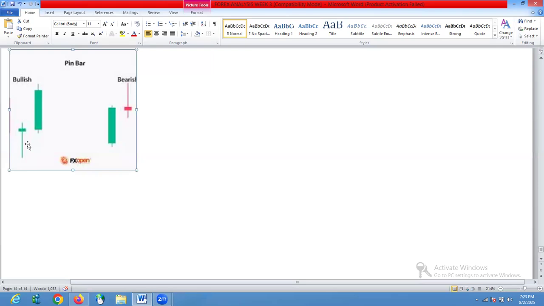If it's impulsive, they will continue to the downside. If it's corrective, they will correct to the downside before they turn back to the upside.